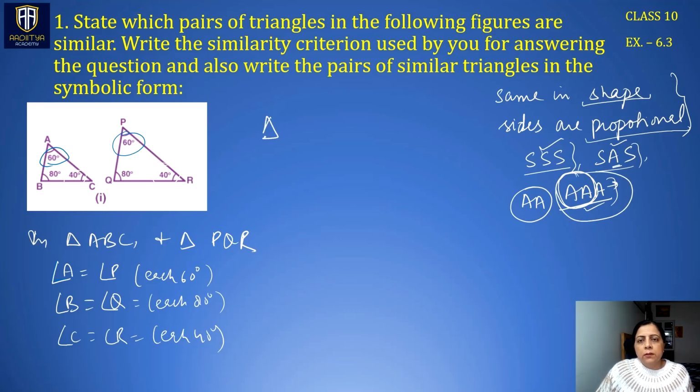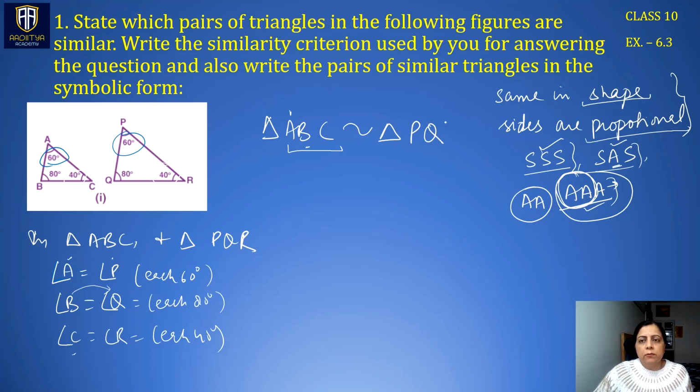We can write triangle ABC. I'm explaining here, we had learned this in the introductory video. Always write the first one, you can write in any order. But for the second triangle, you have to match the corresponding parts. A is equivalent to P. So A is in the first place, write P here. B is equivalent to Q. B is in the middle, write Q here.